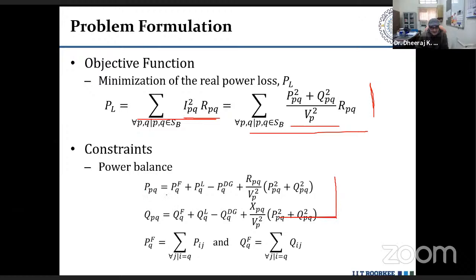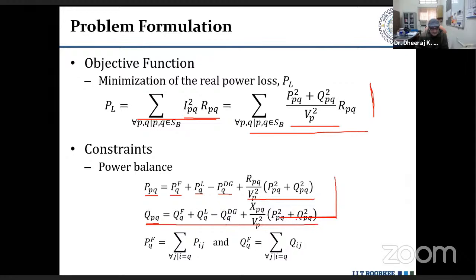This is the power balance constraint: active power flow and reactive power flow is equal to the flow through other branches, plus load, minus injected power, plus losses occurring in the branch. A similar relation is given for reactive power.